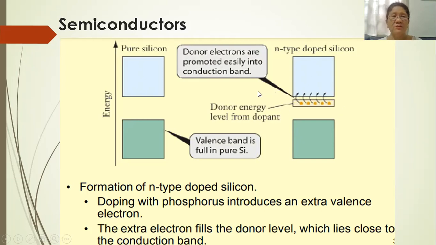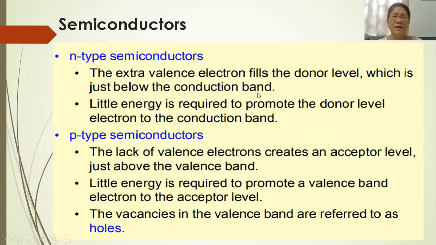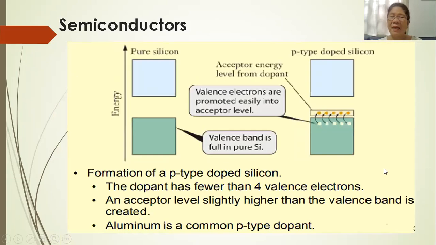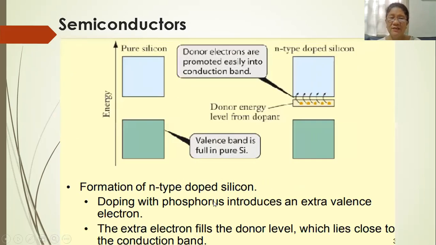How about the P-type? The P-type adds to the valence band, as an acceptor. What happened if you dope with silicon? Earlier, we doped with phosphorus. We dope silicon and add it here.